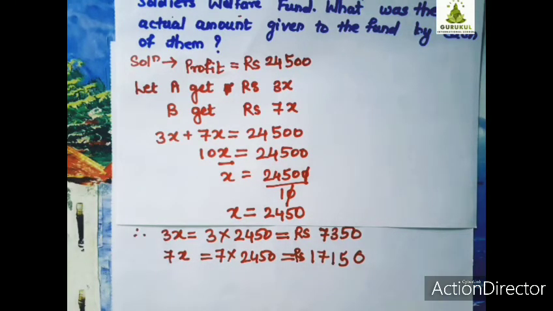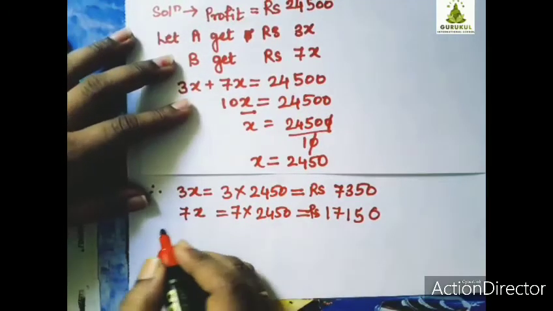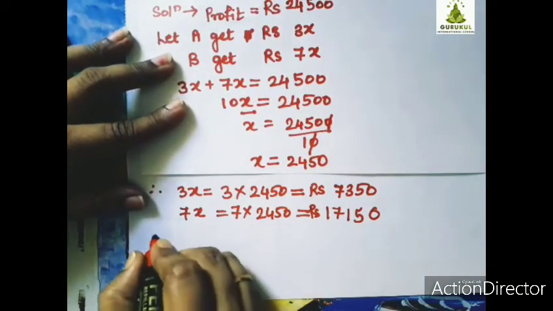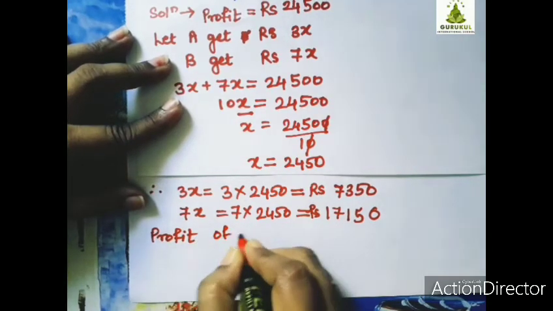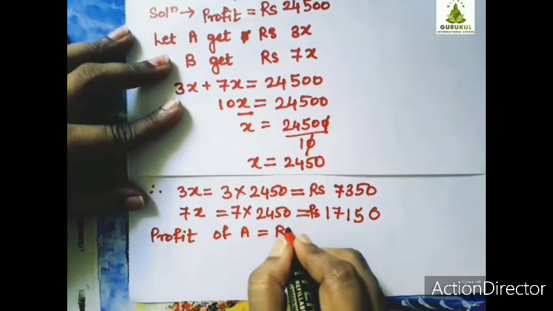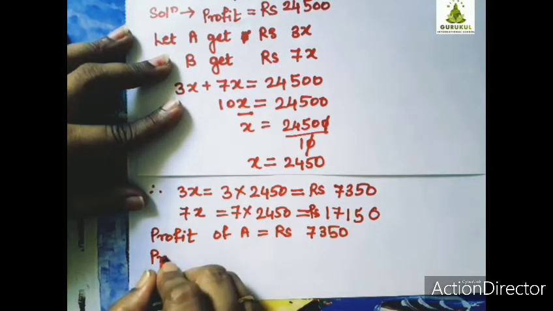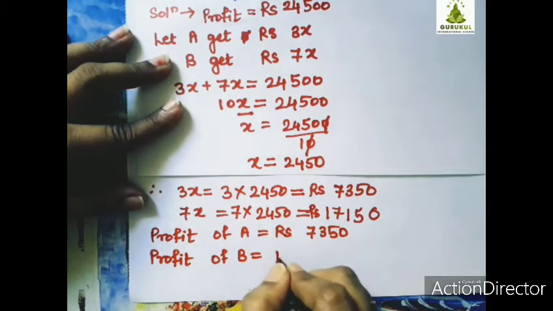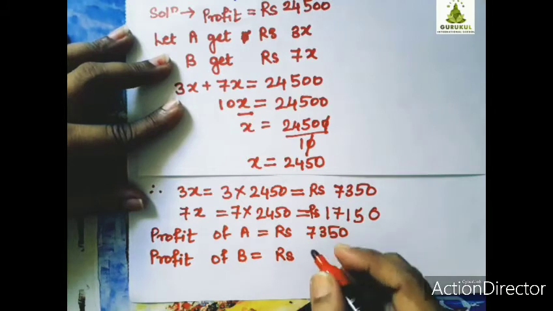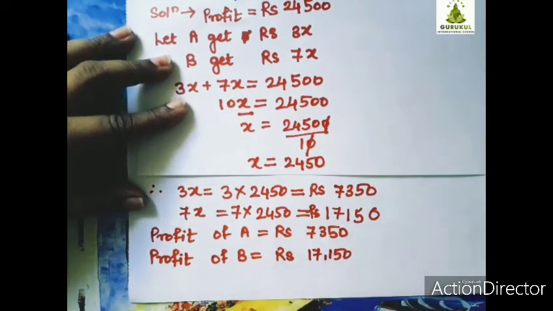So we have to find out, or you can write the statement also. I will shift it a little bit up. Okay, we'll write it, that is profit of A is equal to rupees 7350. Profit of B is equal to rupees 17,150.